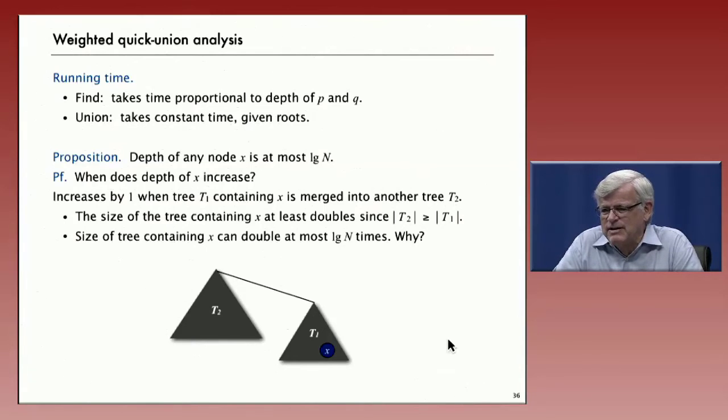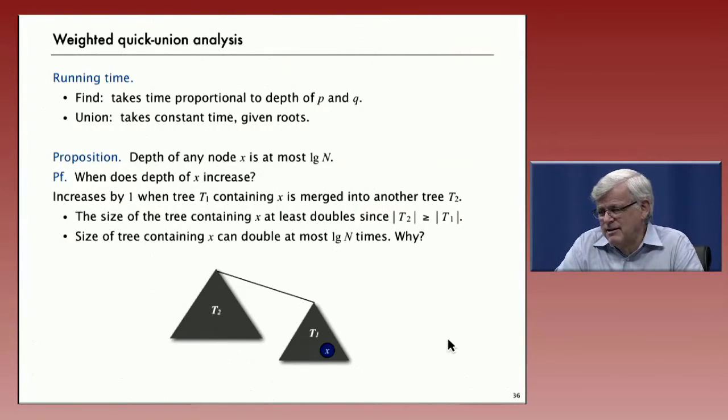Well, at that point, we said we'd only do that if the size of T2 was bigger than or equal to the size of T1. So when the depth of x increases, the size of its tree at least doubles.